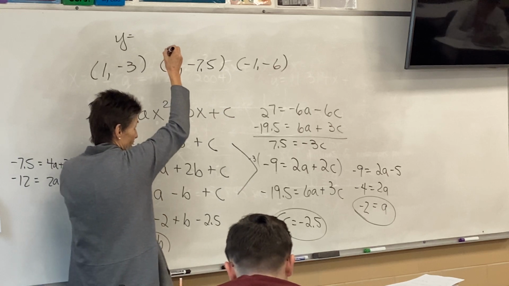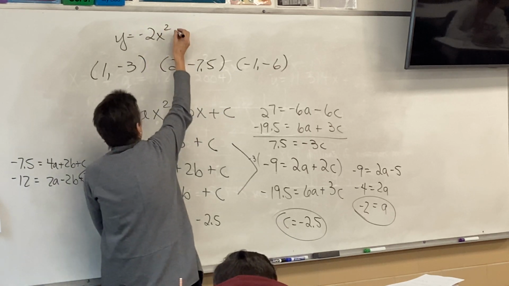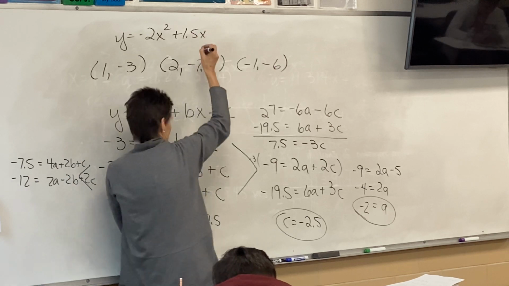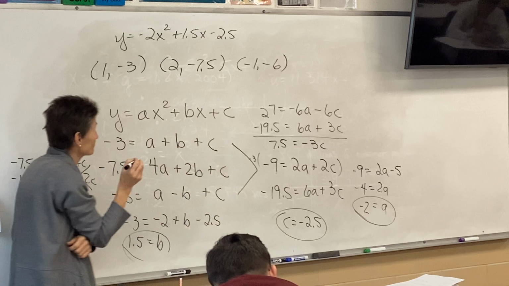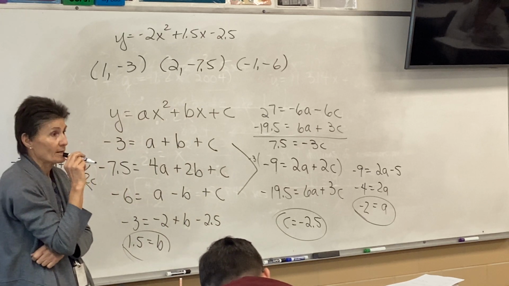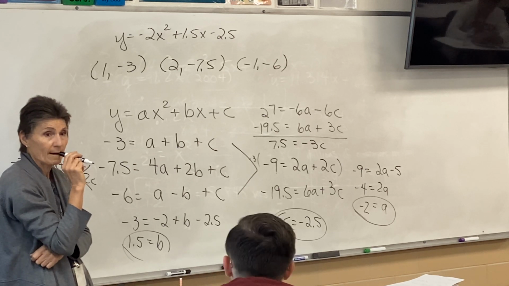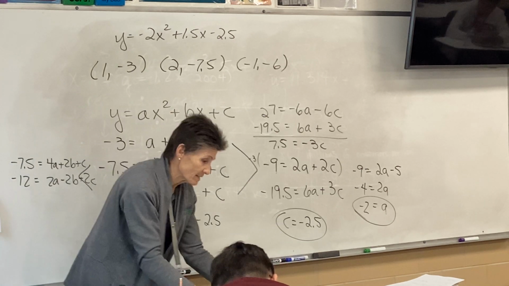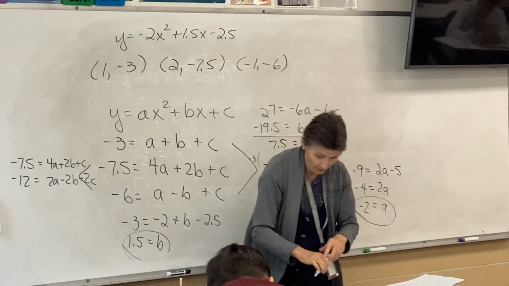So I got negative 2x squared plus 1.5x minus 2.5. Is that okay with everybody? Good with that? Okay. All right, so let's put that away. Hopefully that cleared up something or other.